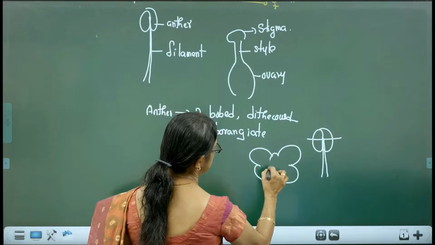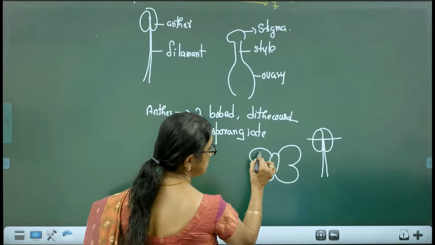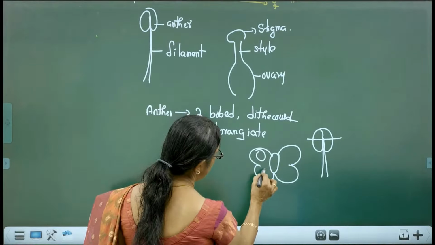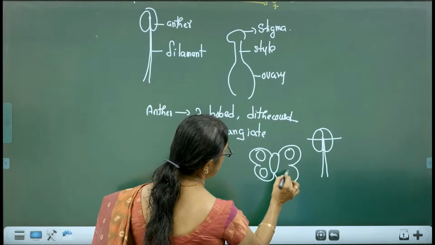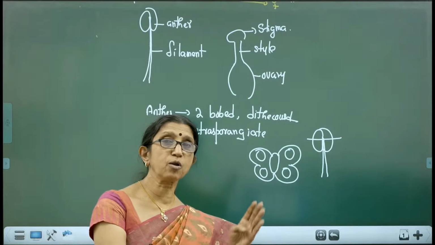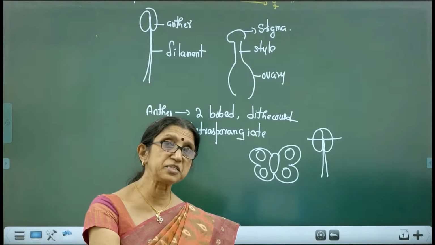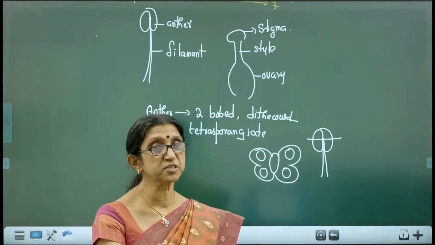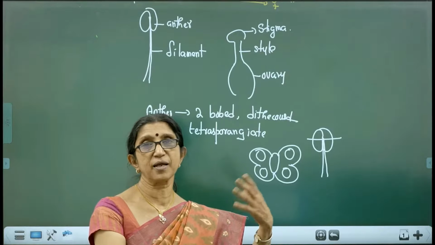This is the first microsporangium, and second one, third one, then fourth one. So together we can see 4 microsporangia within a typical anther. Hence, it is described as a tetrasporangiate structure.